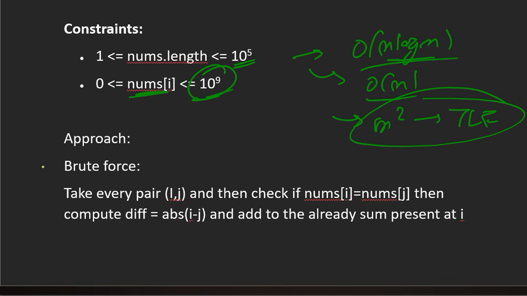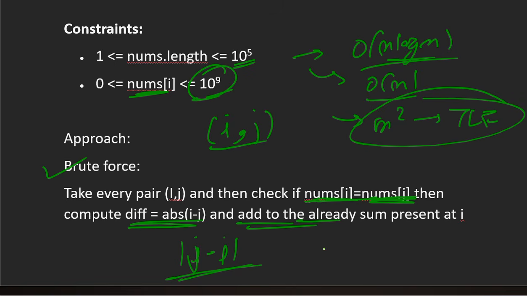So let's start with the brute force approach. What we can do in the brute force approach is take a pair i, j having nums of i equal to nums of j. If this condition is satisfied, then we find the difference, that is the absolute value of j minus i. Then we add this difference to the value already present at arr of i, right?